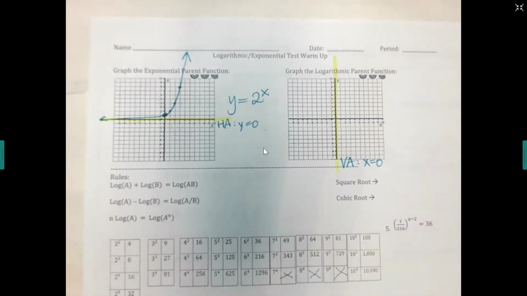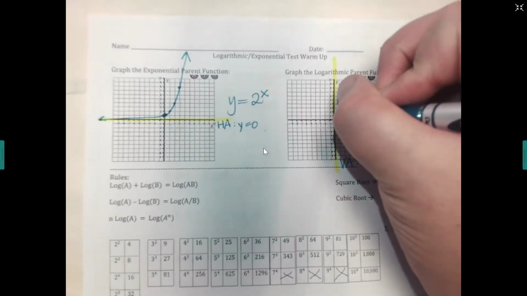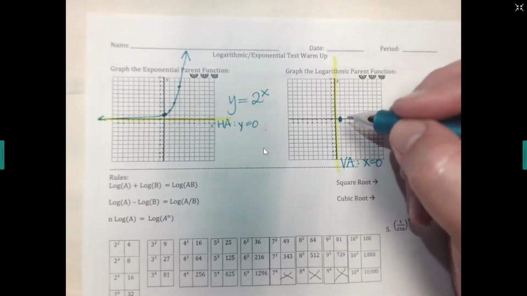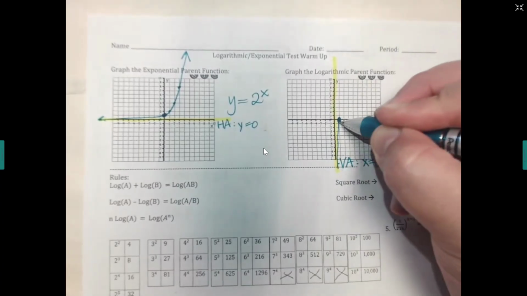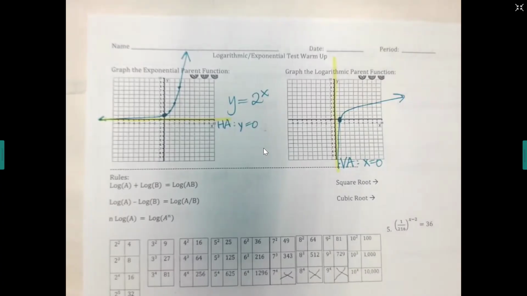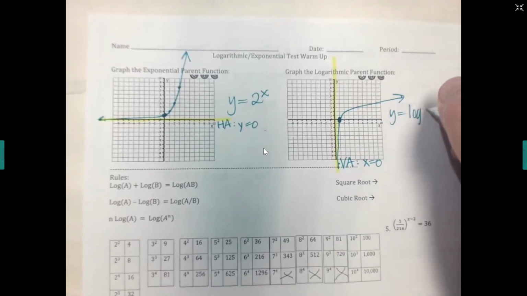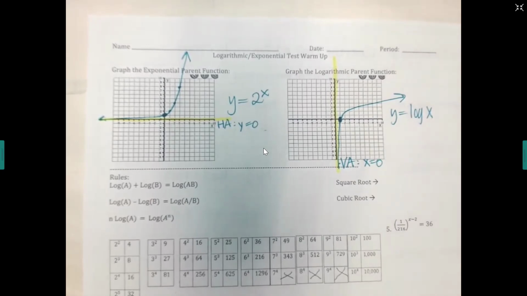Instead of stepping one box above the origin, I go one box to the side of the origin. So that'd be right here. And then remember, you go down and towards, out and away like that. And your equation would be log x.